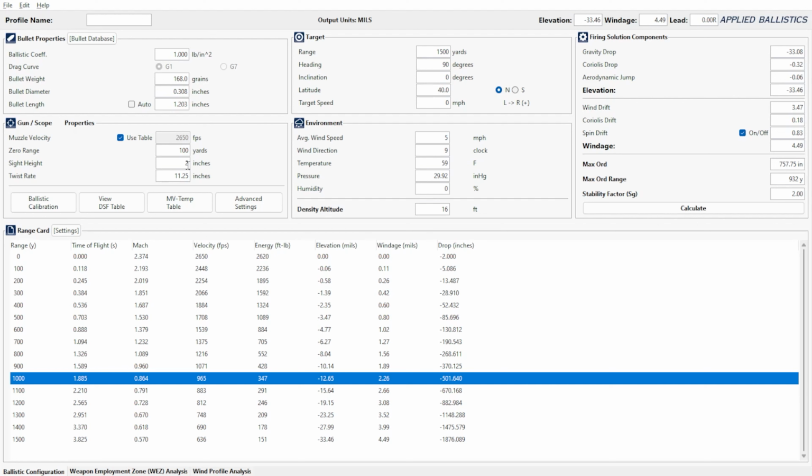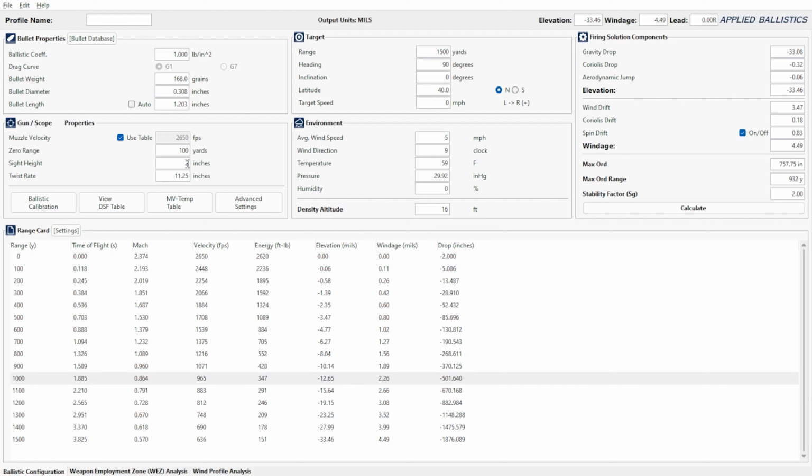And the other issue is it might produce stacking tolerances, which is where you might have a little bit of an error here, and then a little bit of an error on your muzzle velocity, and then a little bit of an error on things like your temperature for the day, pressure, etc. And when you stack all those things together, you end up with quite a large error. So that's why it's important to get each of these correct. So we'll keep that at 2 inches, but do measure yours. Make sure that you've input that correctly.